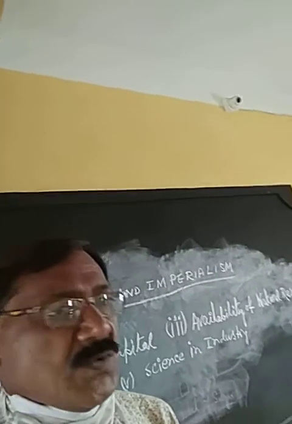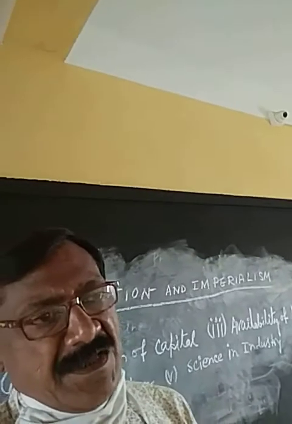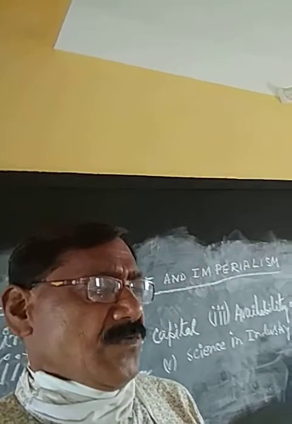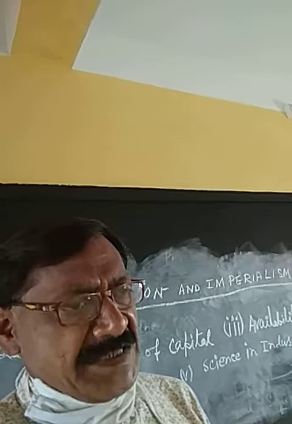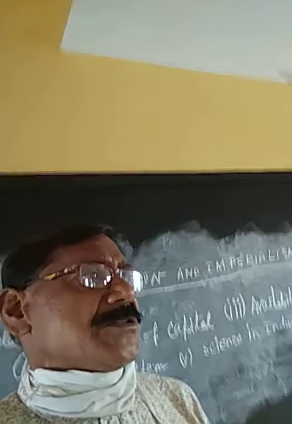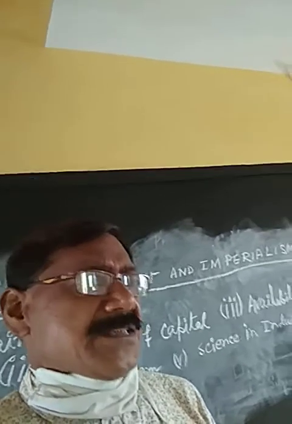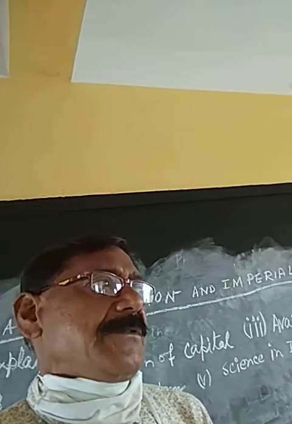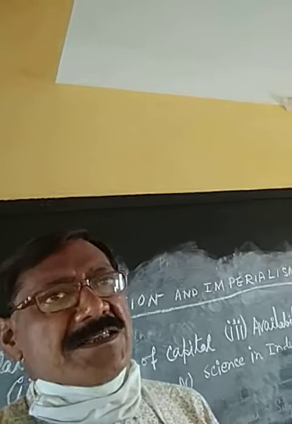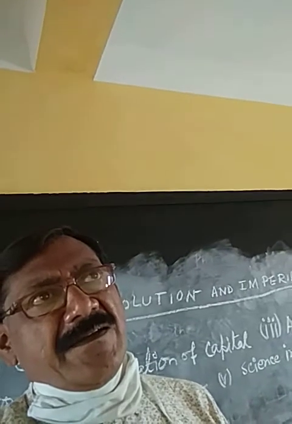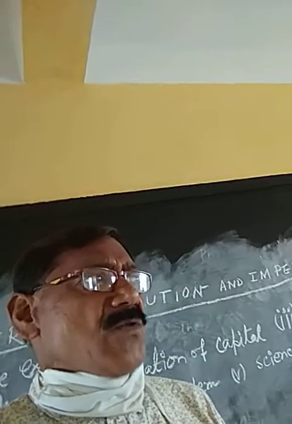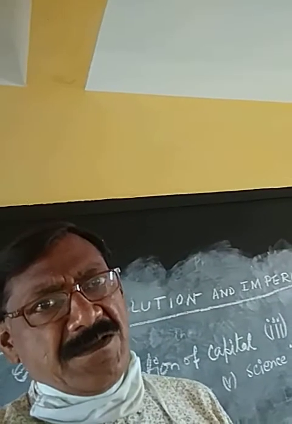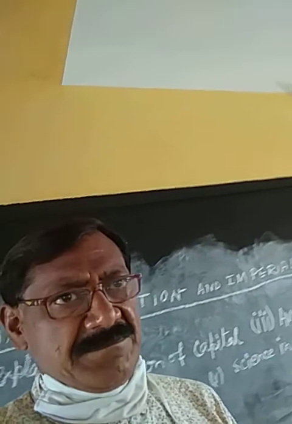Basically, they were from different countries of Europe. Since the Industrial Revolution took place first in England, many of the scientists were offered huge amounts of money by the British government.